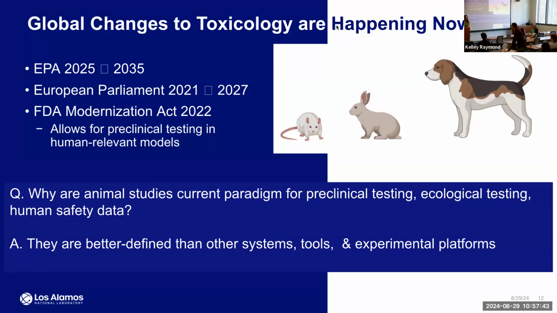I'm sure some of you are in bioengineering, some of you are in different fields. We are all aware of these changes to toxicology and the drive to reduce animal use. The EPA is quite aggressive starting this coming year with their changes towards non-animal models.